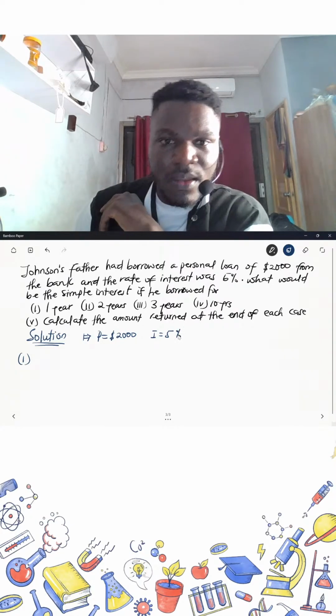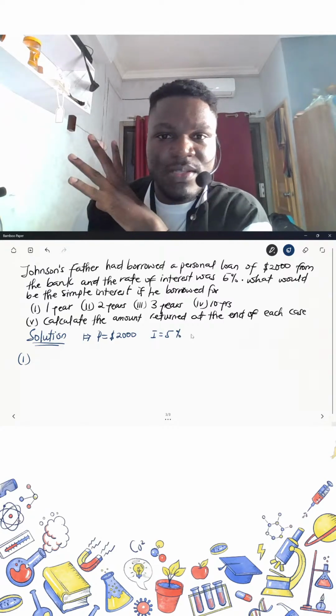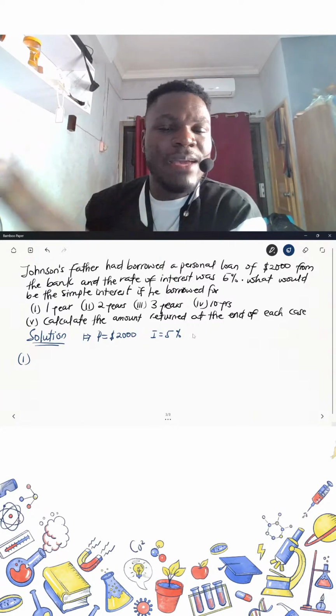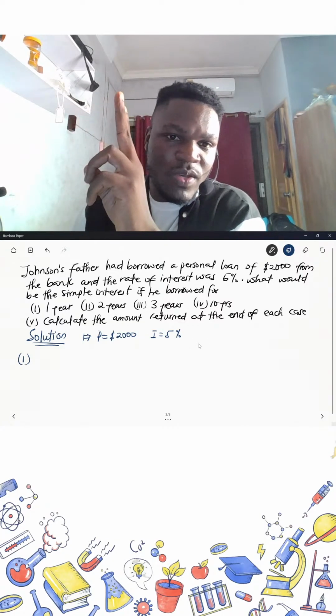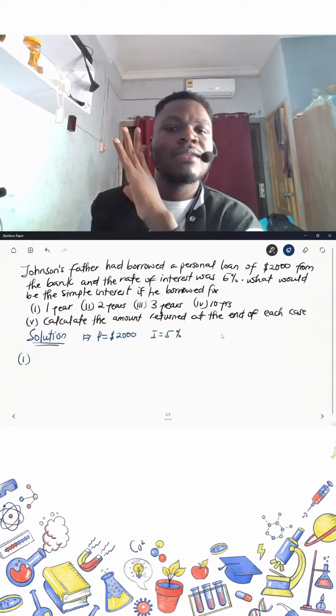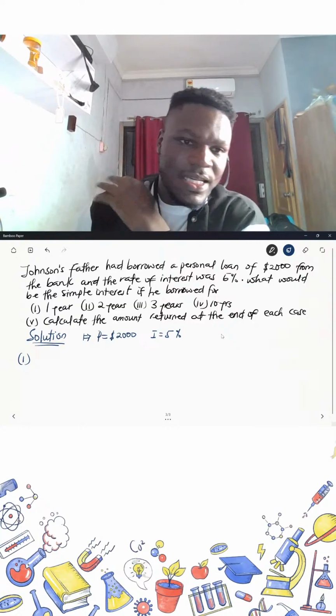They were very good to him, 5%. The duration he borrowed it for: for I, a year; II, 2 years; III, 3 years; and for IV, 10 years.